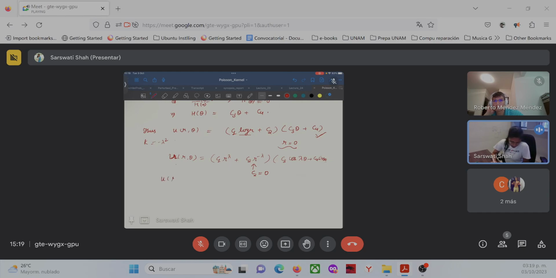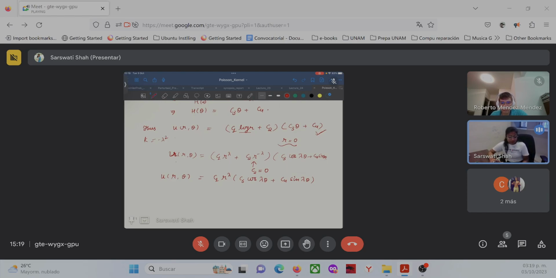It means u(r, theta) is equal to this. The explanation is given in your notebook. I have written each and everything, so that's why I'm not writing it here.